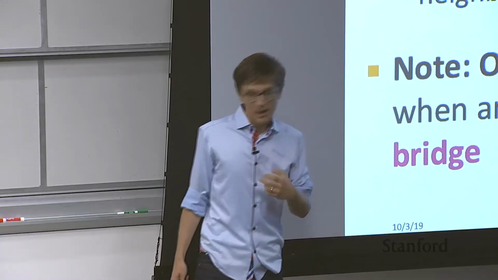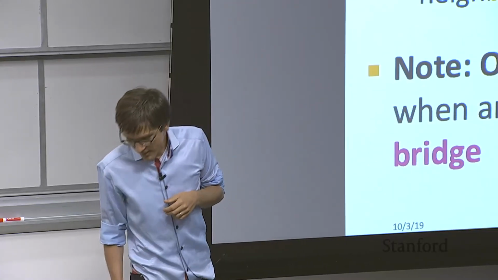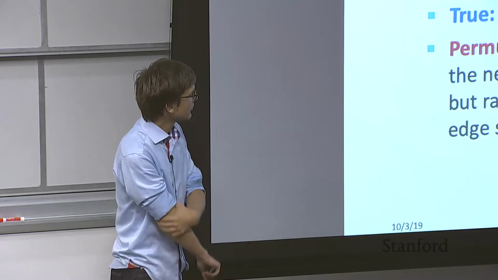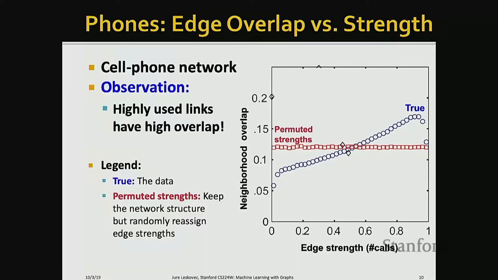Yeah. So now let's look at the data. Here is how to think about this. The x-axis is the number of phone calls, so it's the interpersonal strength of the friendship. These are super close friends. I guess my mother or your mother would be the strongest friend you have under this definition. And these are very weak acquaintances, weak friends.